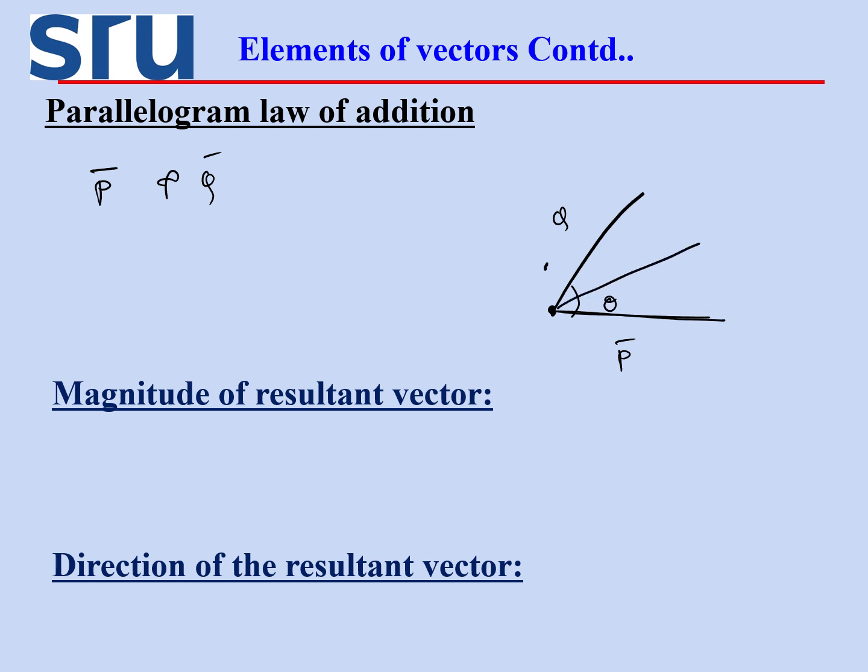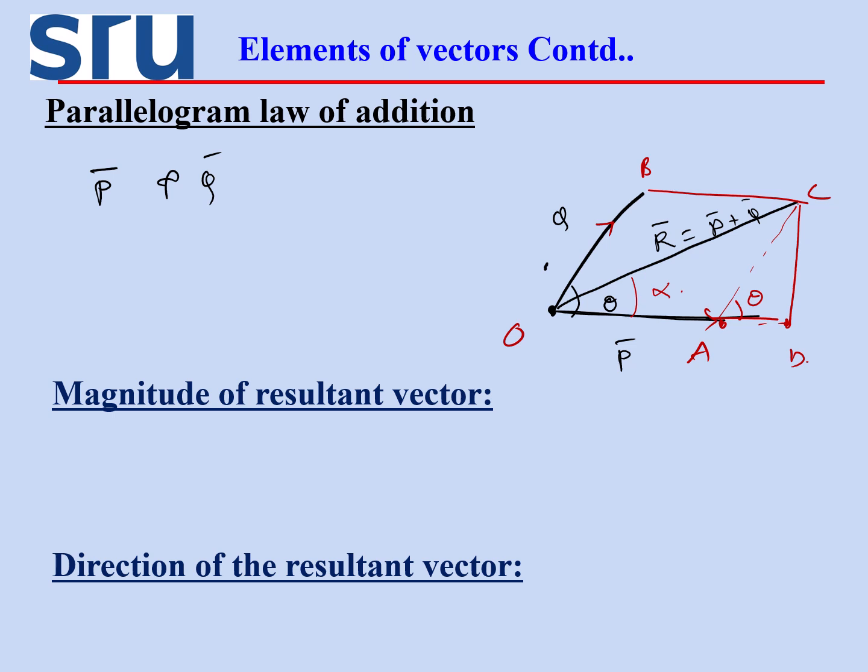The resultant of these two is R, where R equals P plus Q. This point is O and this point is A. This point is B and this point is C. Consider this point is D. This is also angle theta, the same. Now this angle is alpha.